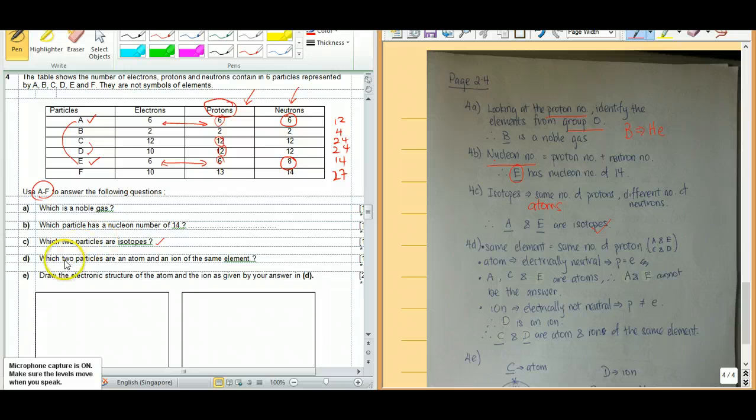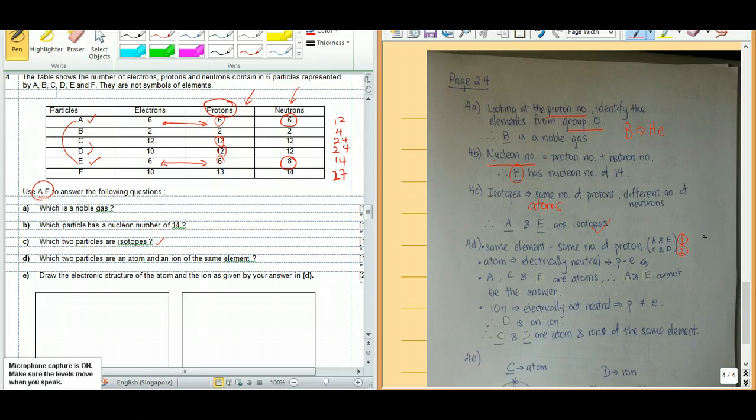Now last one, we need to look at which 2 particles are an atom and an ion of the same element. We know that A and E are atoms and not ions. So therefore, we can actually strike out the possibility of A and E. However, as you can see here, what I'm doing is to explain it fully. So same element equals same number of protons. We know that there are 2 sets of possibly isotopes.